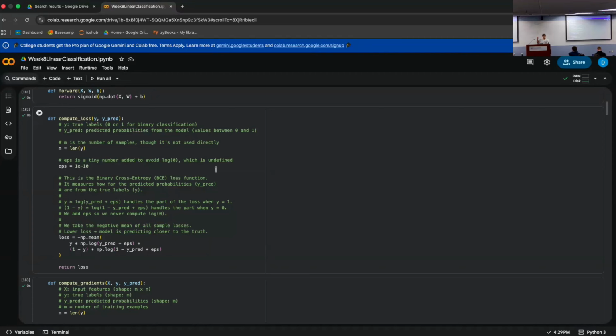Any questions about the loss function? Can you go over it again? Okay. The way the loss function works here is we are looking at our predictions, and then we're looking at what is the actual value we're getting.